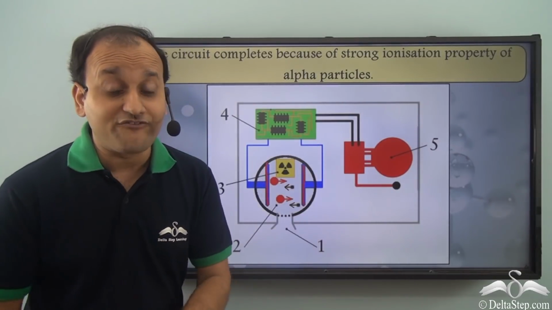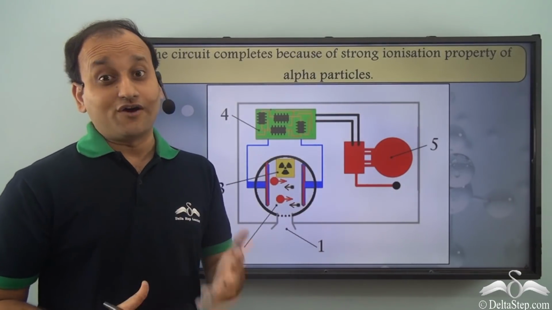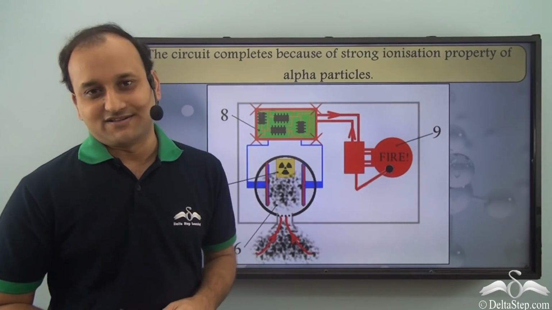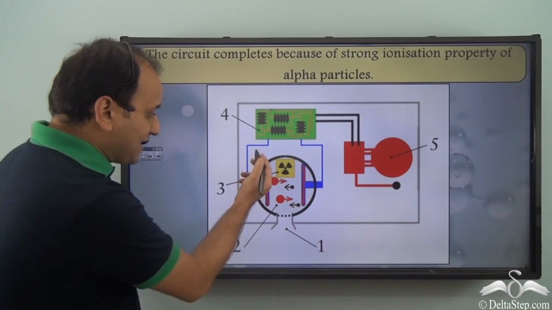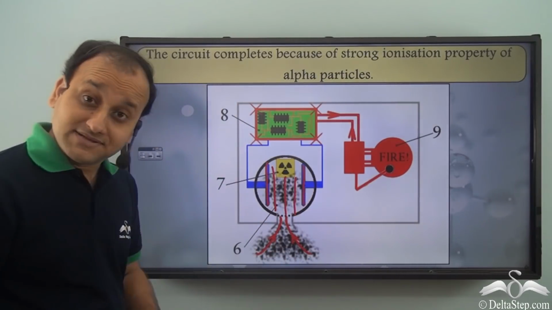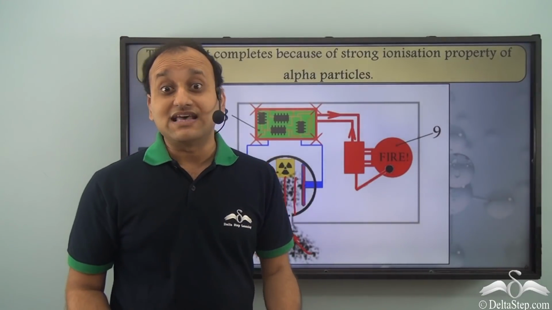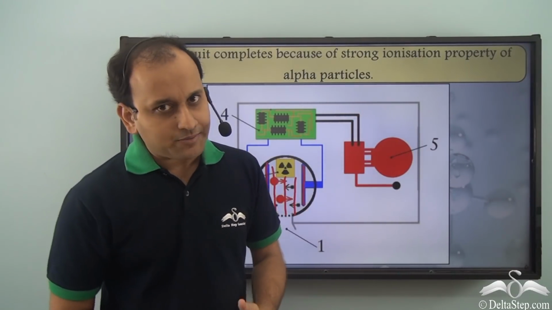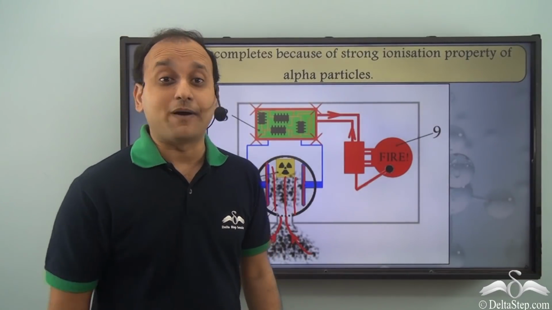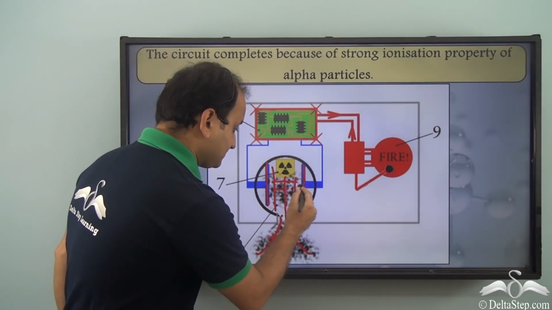Then how is this circuit completed? Well, with the help of alpha particles, or we can say the ionization property of alpha particles. So when alpha particles are allowed to pass through this region, then what happens? Well, alpha particles have very strong ionization capability. So alpha particles ionize the air particles in this region.